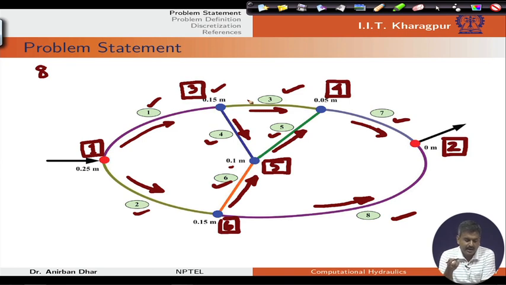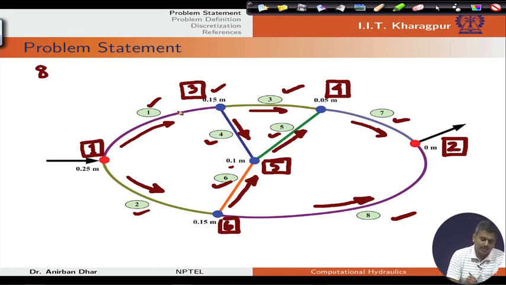Let us say that we are considering channel reach 1. If we start from node 1 and move towards node 3, obviously I am considering the flow direction is according to the channel slope.